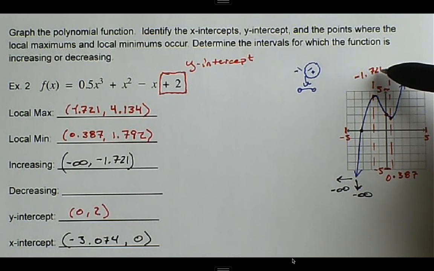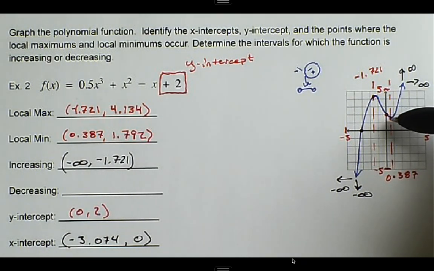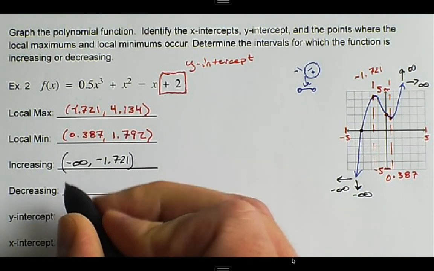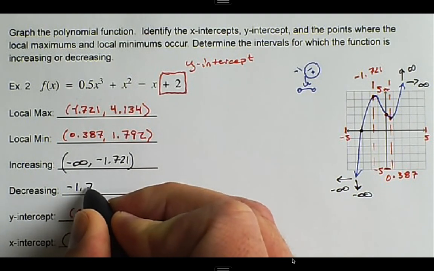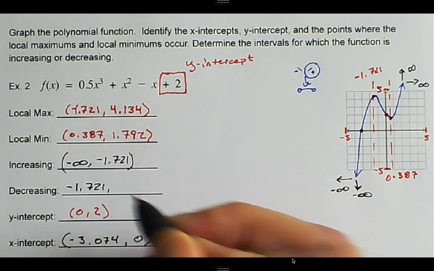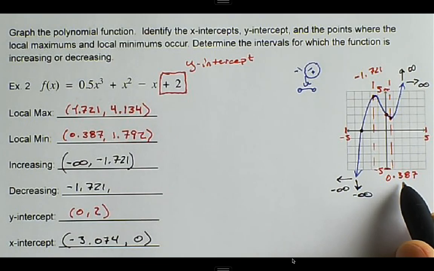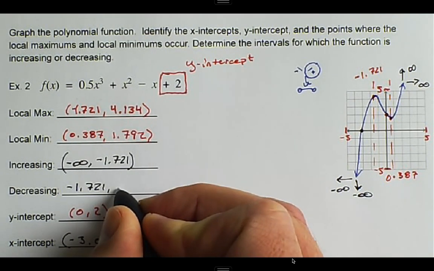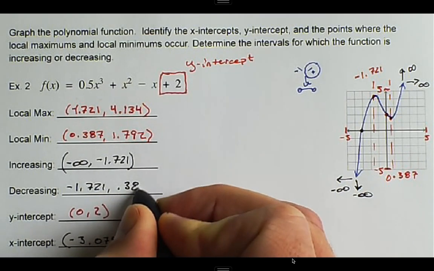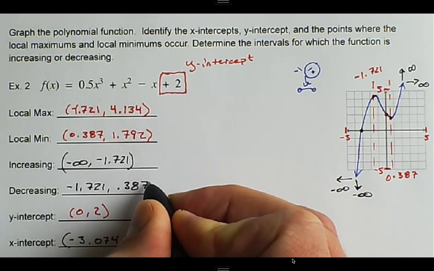From negative 1.721, it's decreasing all the way till it gets to 0.387. So from negative 1.721 all the way until 0.387. So that's when it is decreasing.